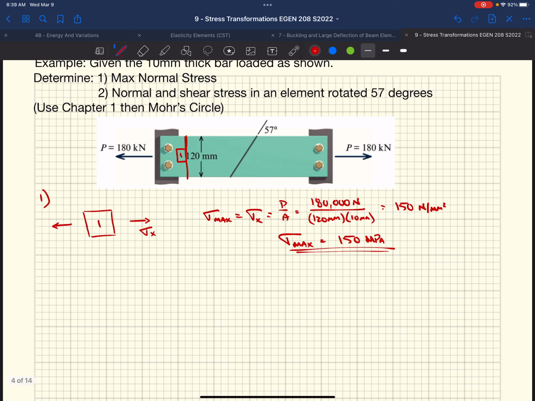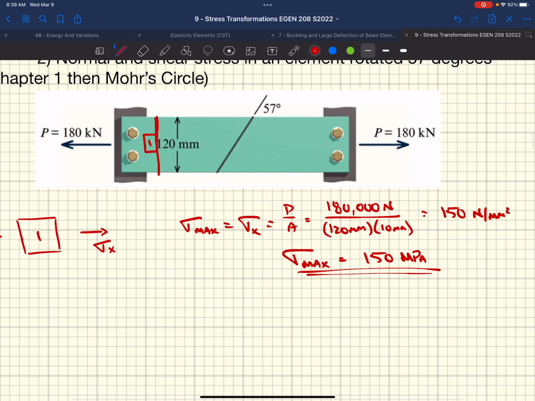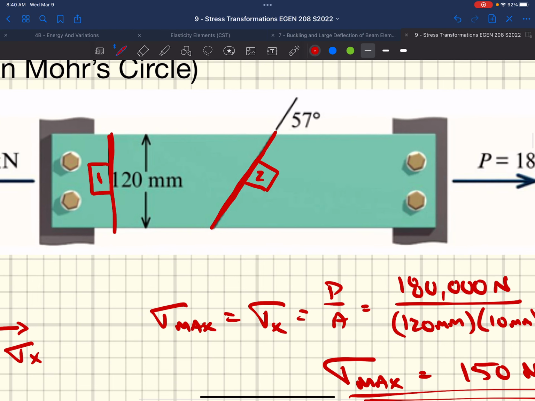Part 2 is the normal and shear stress in an element rotated 57 degrees. So we look at our 57 degrees. We're going to essentially cut our element along that line and orient a block. Call this block 2, along that line, this being theta.